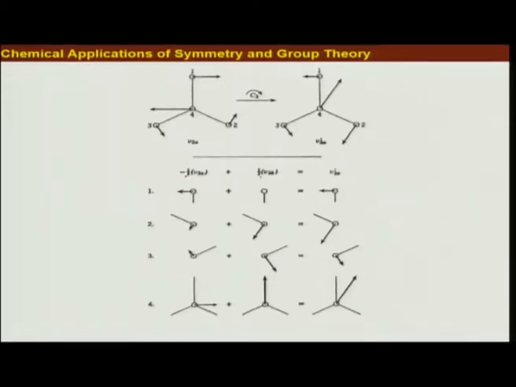Here we are showing an example of how that C3 affects this structure with nu 3A. So this is the one. After operating C3, what will happen? This arrow here on atom 1. When we are doing this operation, we are only dealing with these vectors. All right. So this guy will now go over here, right? Accordingly its orientation will also change.